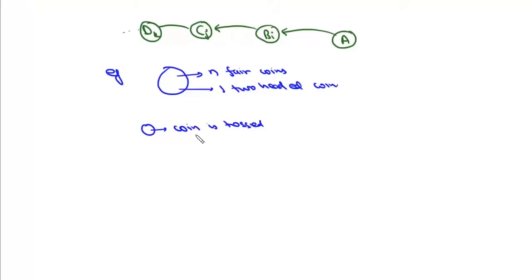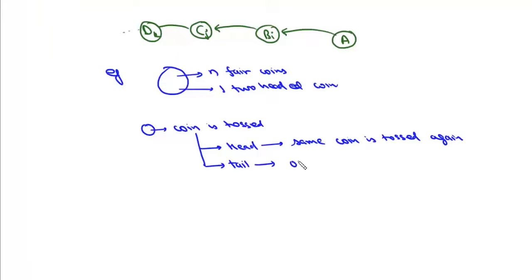If this coin results in head, this same coin is tossed again, and if this coin results in tail, then a coin is chosen from the remaining coins and it is tossed.